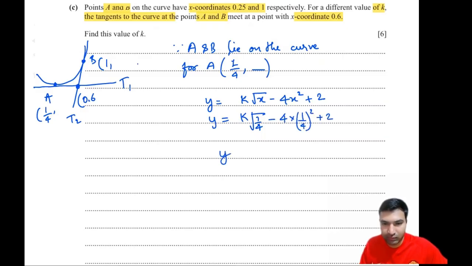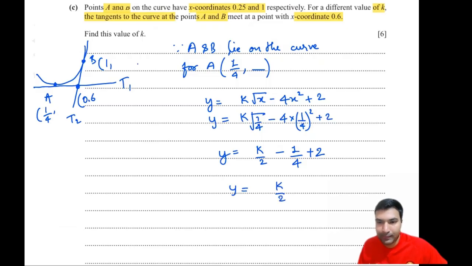So we get the y value as k over 2 minus 4 over 16, which is 1 by 4, plus 2. Which basically gives us k over 2 and negative 7 over 4. Right, so this is our y value.